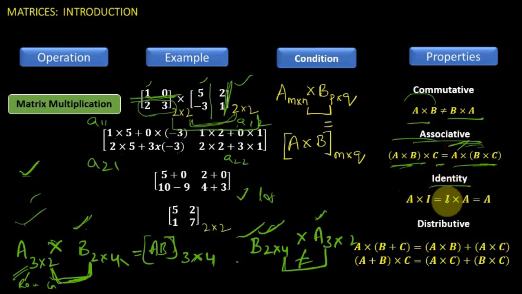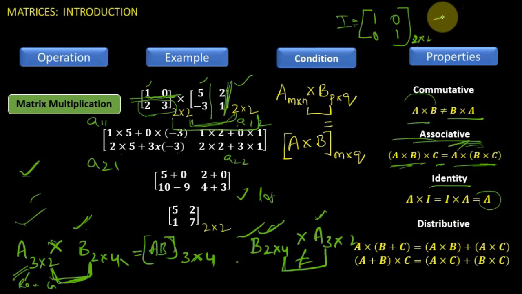Similarly, identity. Here identity is what we should multiply to get the same matrix. Yeah, the identity matrix. I explained to you the unit matrix and identity matrix. It is denoted by I. For 2 cross 2, it is 1 0 0 1. The diagonal elements will be 1.